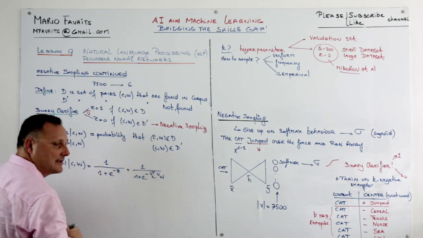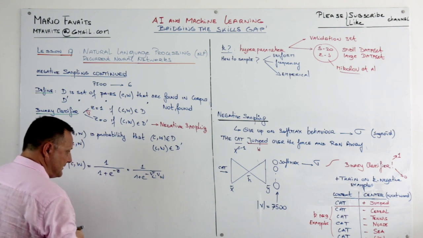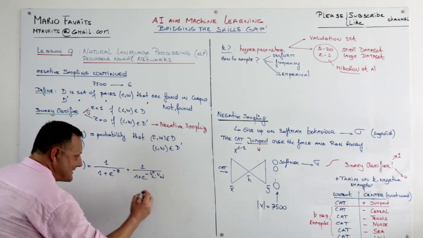This is assuming that we use skip-gram. This is a dot product. So this is my z.